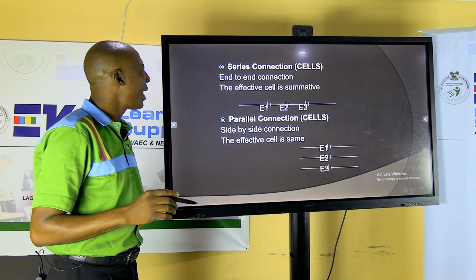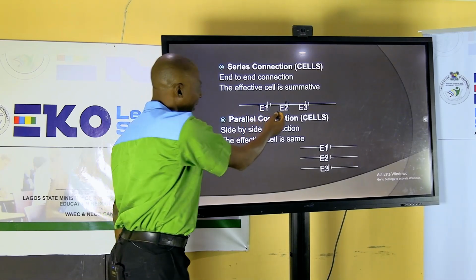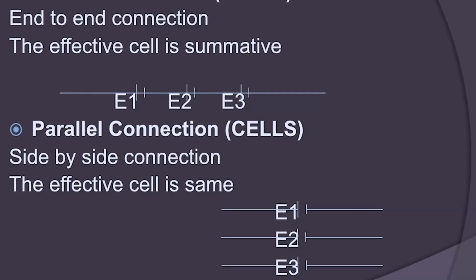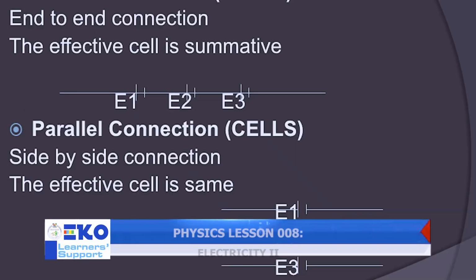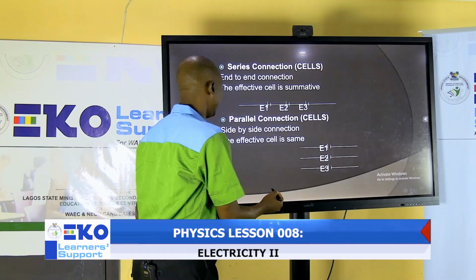When cells are connected in series, they are connected end to end. We have cell 1, cell 2, cell 3. This arrangement is said to be a series arrangement because they are connected end to end. We also have a parallel arrangement in cells when they are connected side by side.